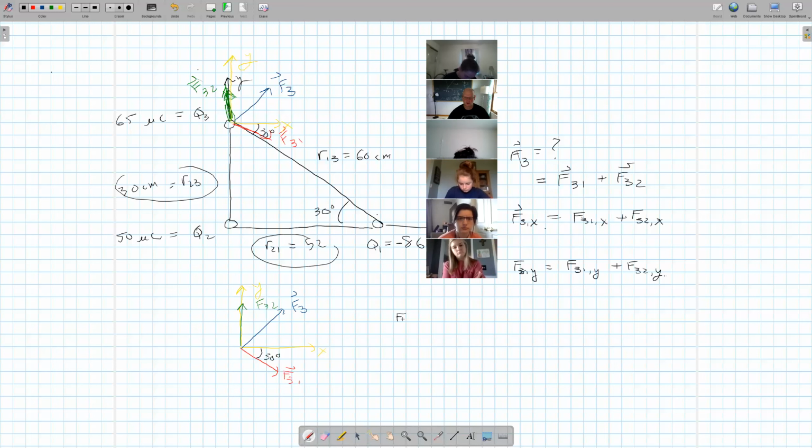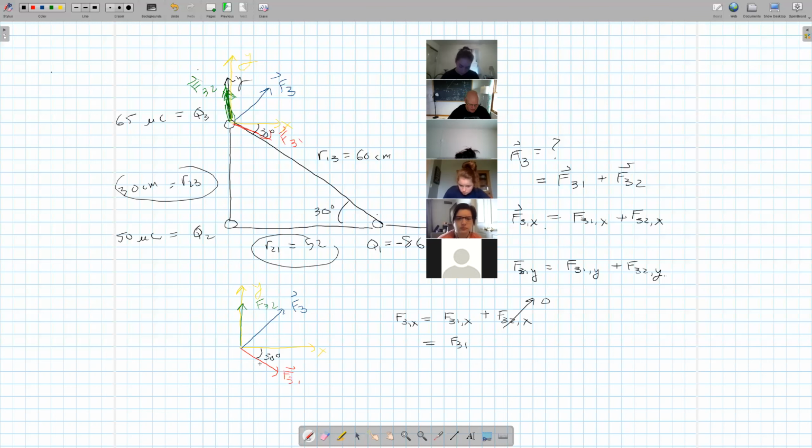So let's look at the x component first. So let's do F3x. According to this, this is going to be the x component of F31 plus the x component of F32. Now, as we can see from our diagram, F32 has no x component because it only points along the y direction, so we automatically know this is going to be 0. So this is then going to be equal to F31 times what?